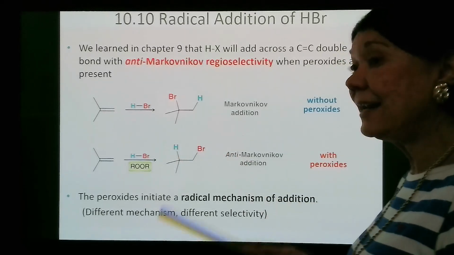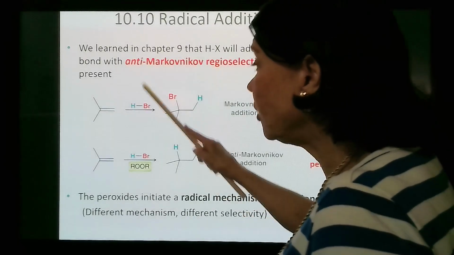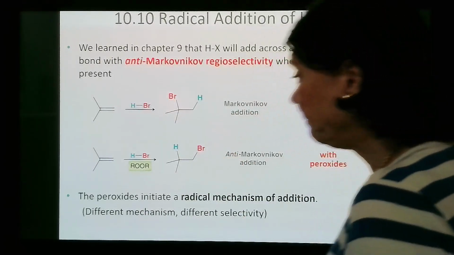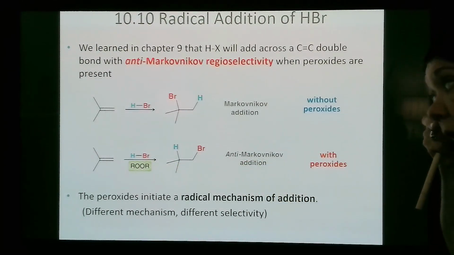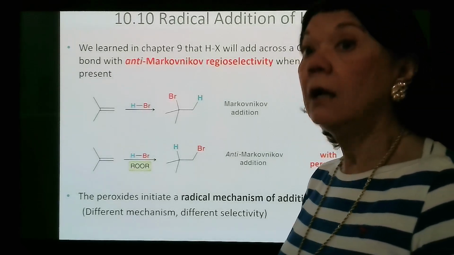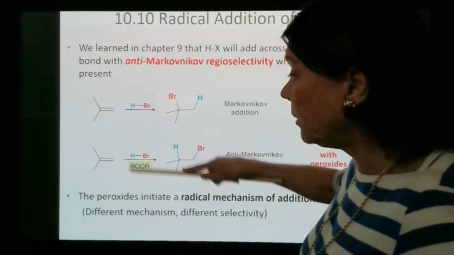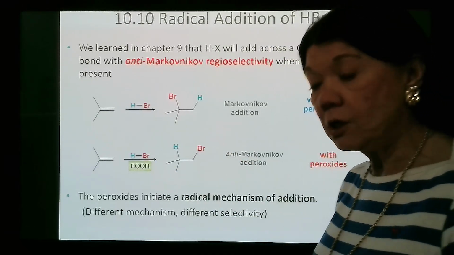That is what happens first. You've got to keep that in mind, because it's the first step that determines the regiochemistry. So let's look at the mechanism of this, and in your mind, keep thinking about what the first step is, because in both places, it's the first step that determines the regiochemistry.